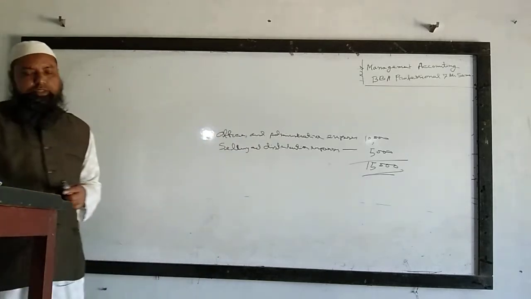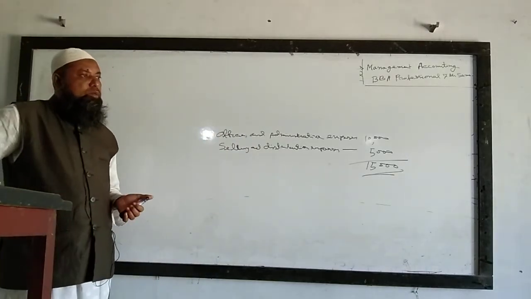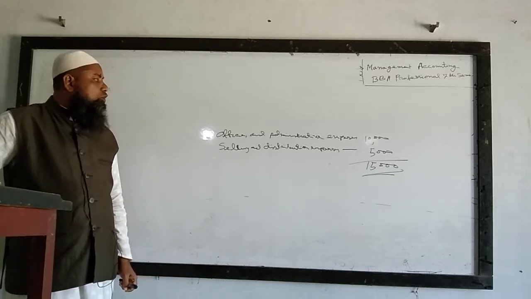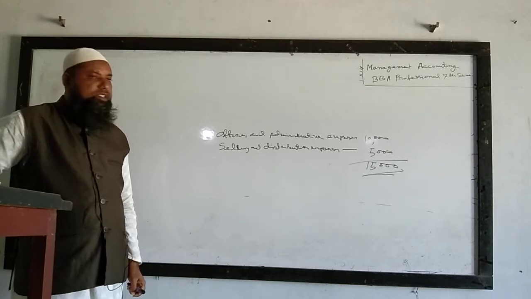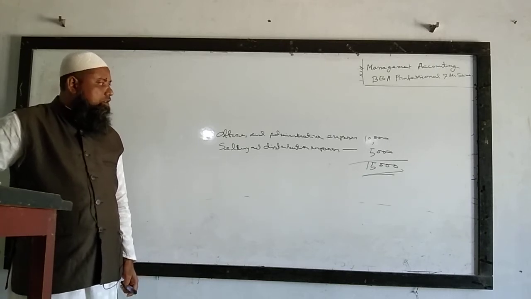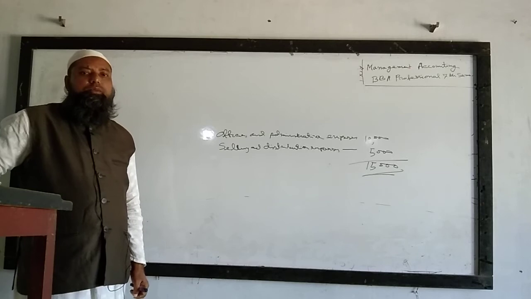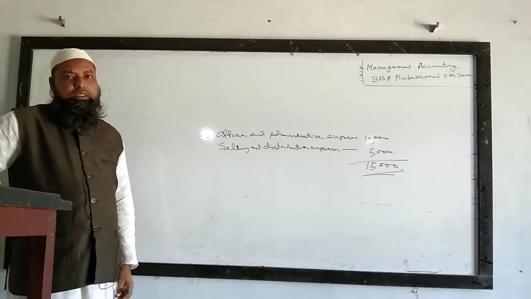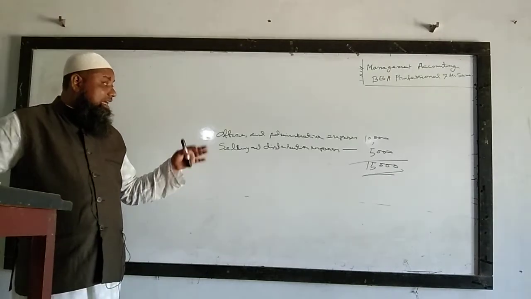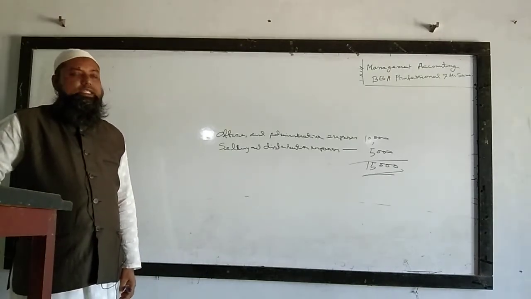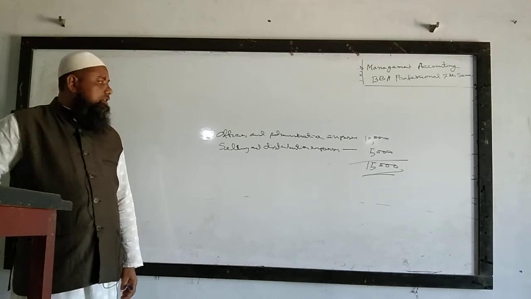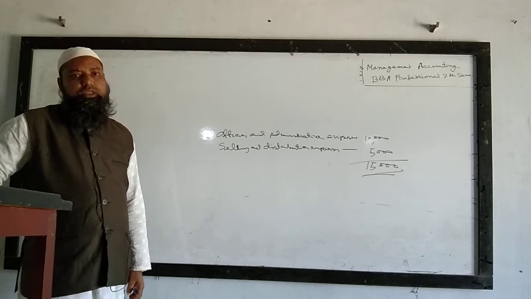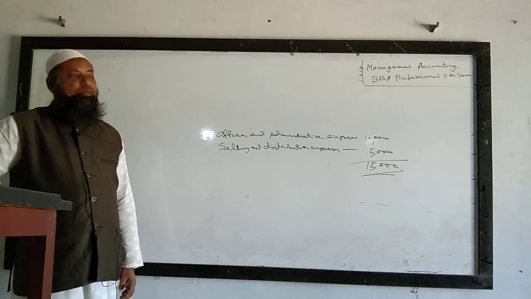We know that three types of overhead. One is the manufacturing overhead, second one is the office and administrative overhead, and third one is the selling and distribution overhead or expenses. Manufacturing overhead included in the production cost or cost of goods manufactured, but other two types of overhead expenses, that is the office and administrative expenses and selling and distribution expenses, both are not included in the production cost.